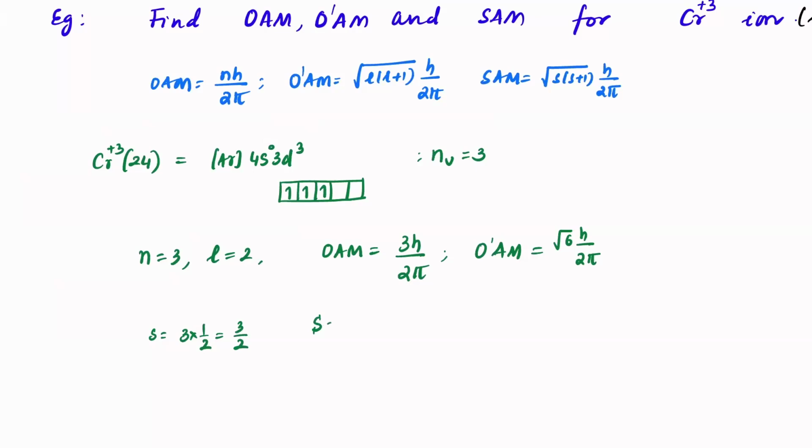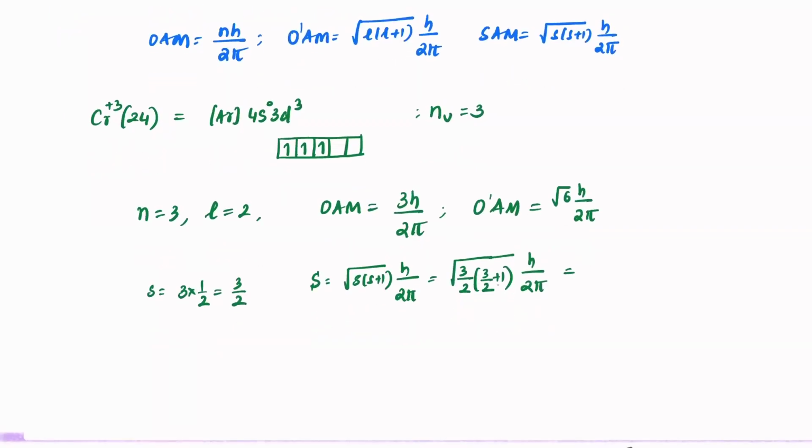Now spin angular momentum will be equal to under root of S into S plus 1 h by 2 pi, which makes it under root of 3 by 2 into 3 by 2 plus 1 h by 2 pi. So that makes it root 15 h by 4 pi. So these are the values you are supposed to report: 3h by 2 pi, root 6 h by 2 pi, and root 15 h by 4 pi.